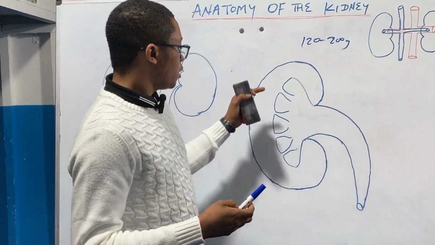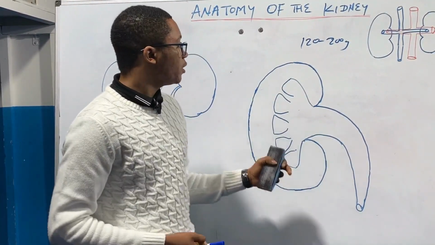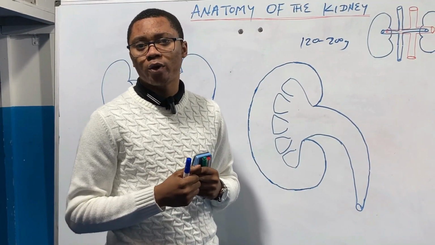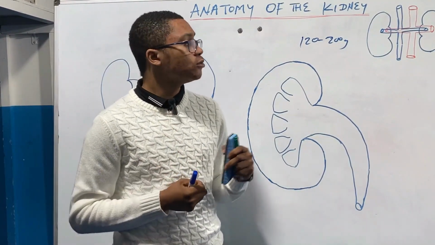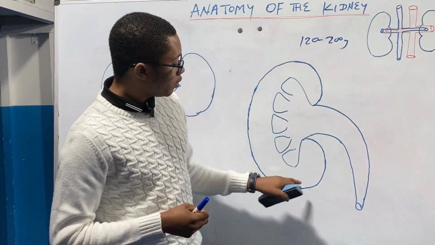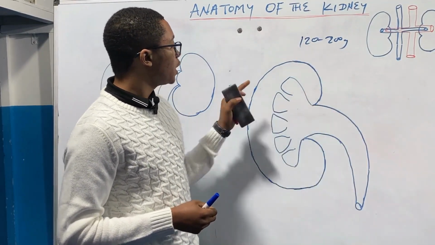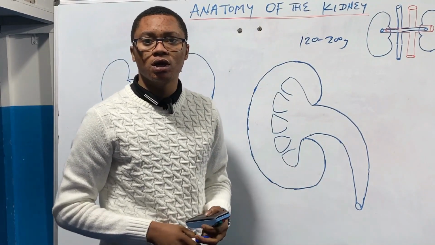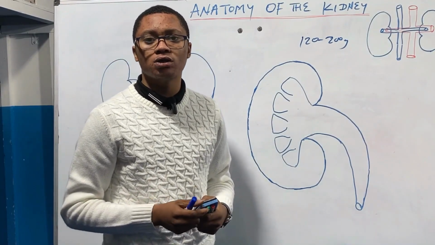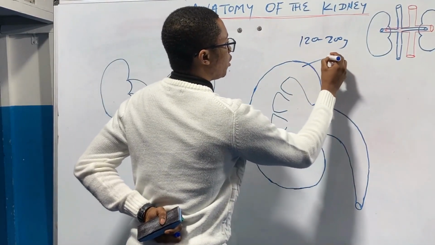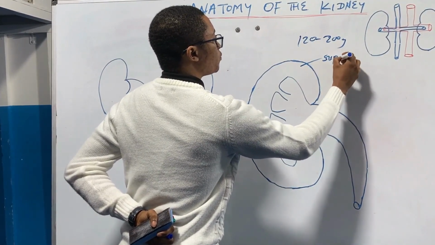From the diagram here on the board, we find out that the kidney has two poles, two surfaces, and also two borders. These are the superior pole, the inferior pole, the medial border, the lateral border, and an anterior surface and behind it a posterior surface. Here we have the superior pole.